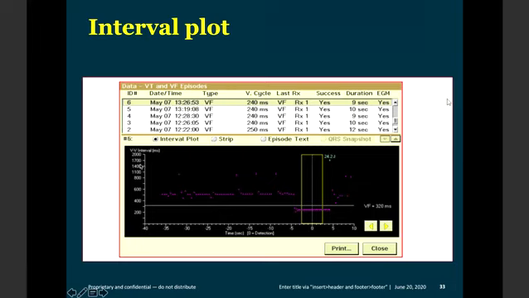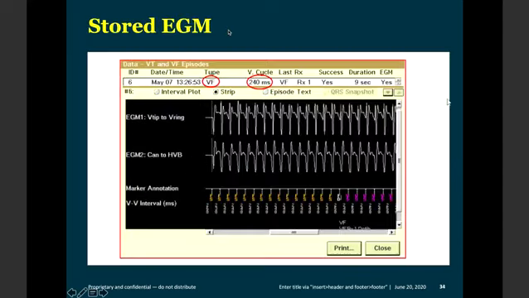So faster the rhythm, lower the cycle length, slower the rhythm, longer the cycle length. From a slower rhythm, abrupt transition to a faster rhythm, which comes in the bracket of ventricular fibrillation detection. Appropriate shock is delivered and the rhythm has been converted. As you can see here, the heart rate plot is above the detection window of ventricular fibrillation. So this is called interval plot.